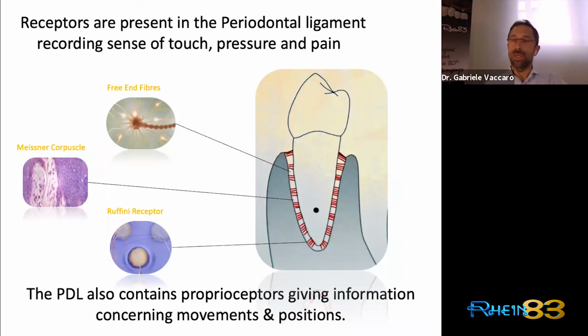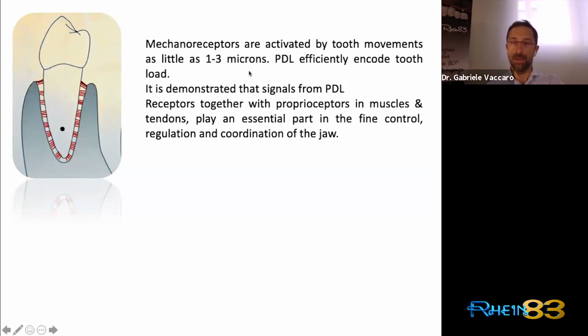All these nervous terminals are connected with the muscle centers in the central nervous system. And mechanoreceptors are activated by tooth movement as little as 1 to 3 microns. So it's a very, very sensitive sensory proprioceptor. The periodontal ligament efficiently encodes the occlusal load.